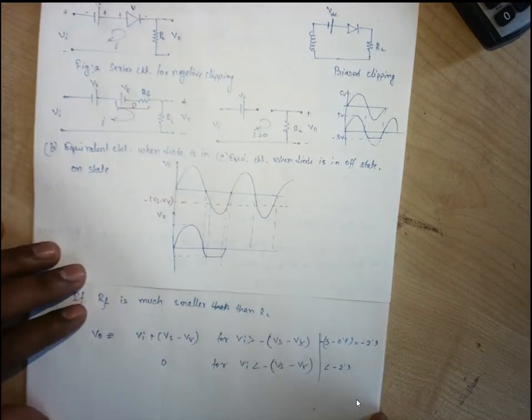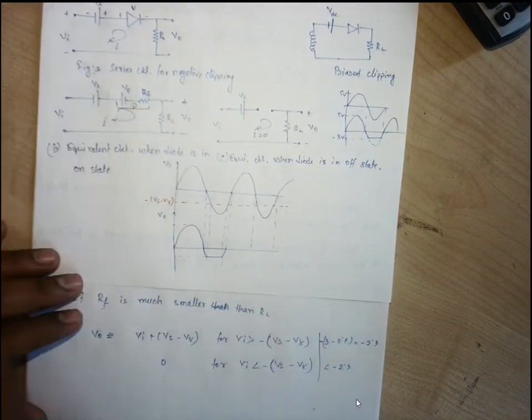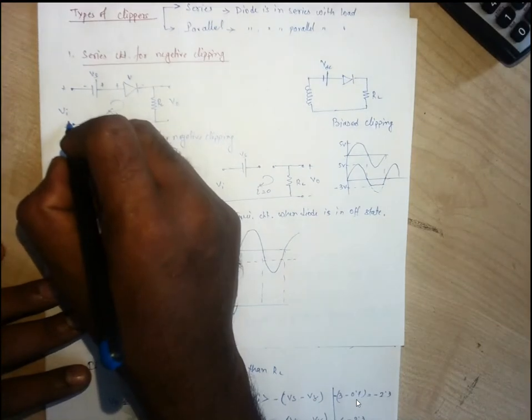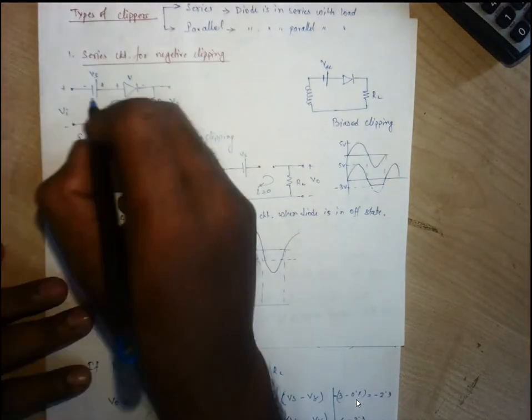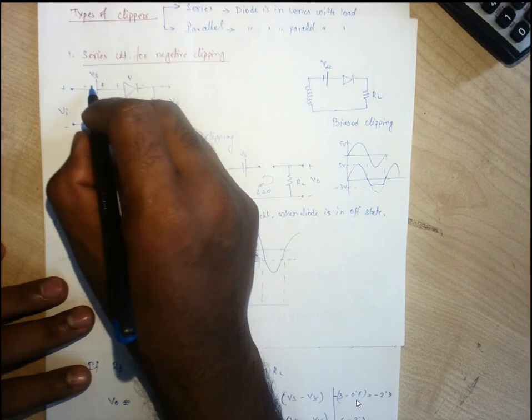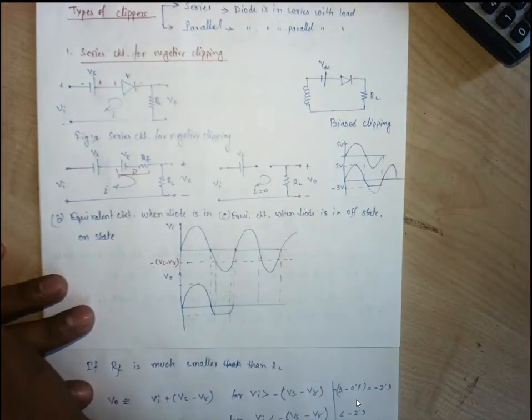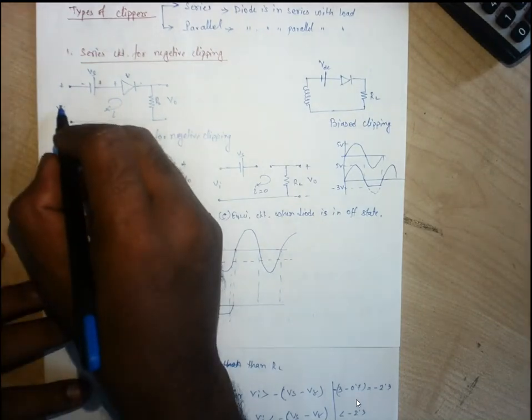Now if we think the maximum peak value of this Vi is 10 volt, let us consider. So when we apply this 10 volt over here, a voltage source is connected much before the input is applied.